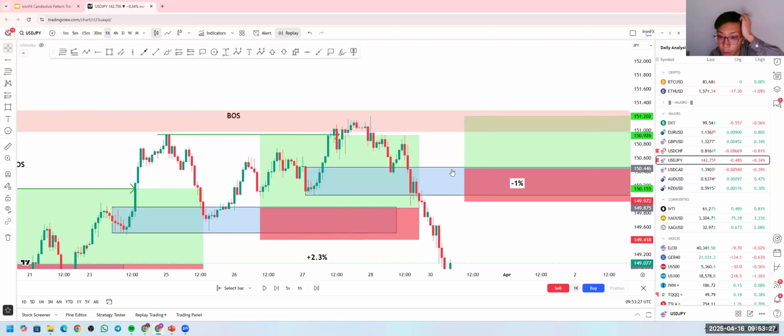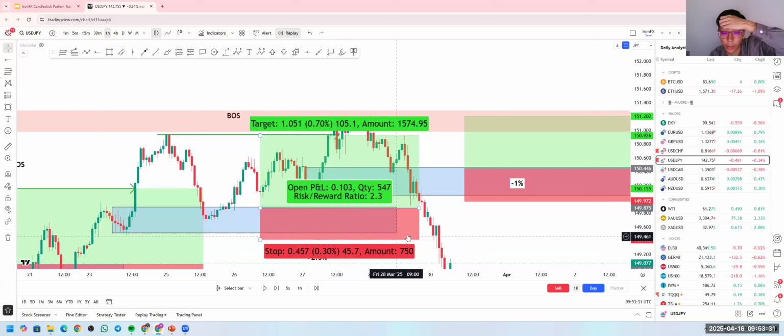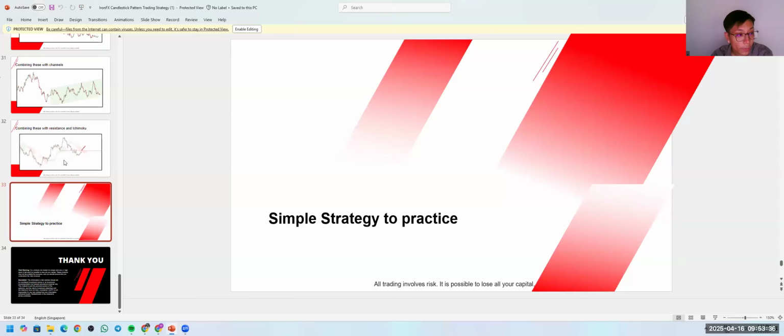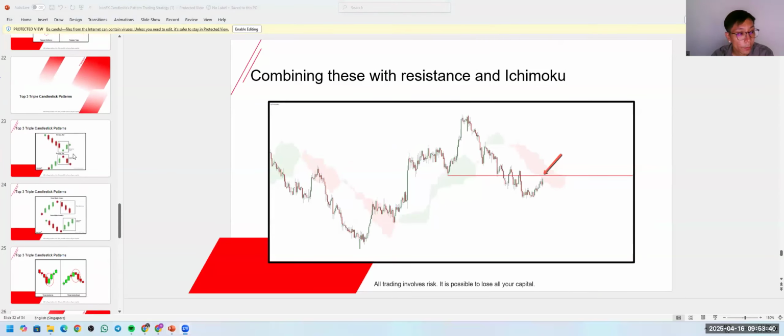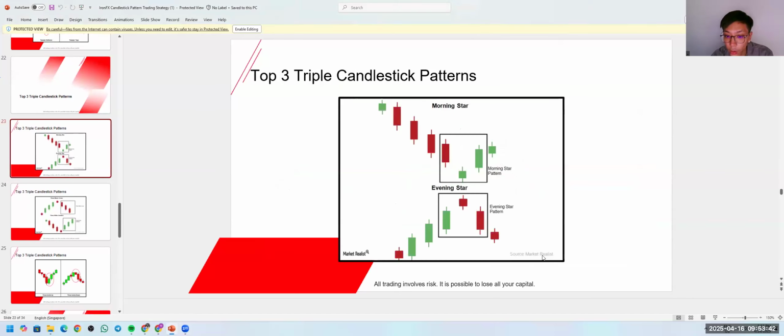How can we get the candlestick book you were using? Oh, it's not a candlestick book, but one sec. You can just go to here. The source is Market Realist.